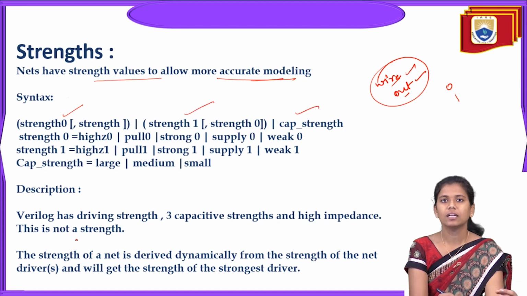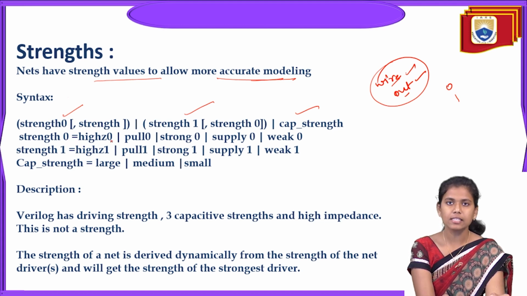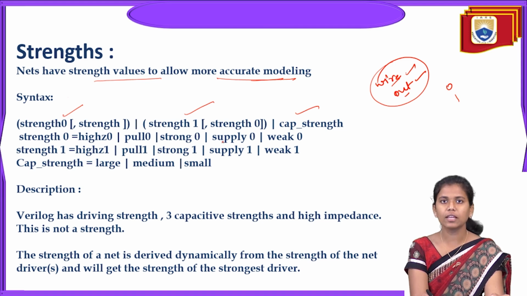These are the three terms we come across when we want to decide the strength of a particular signal. For strength 0, the options are highz0, pull0, strong0, supply0 and weak0.